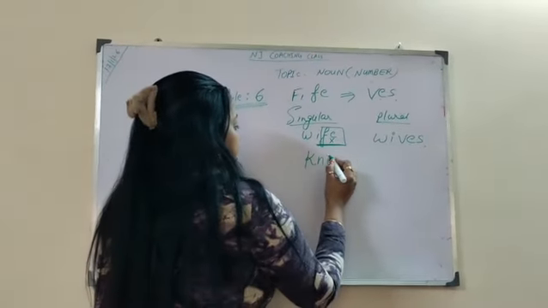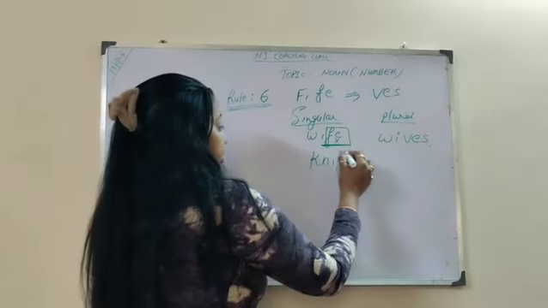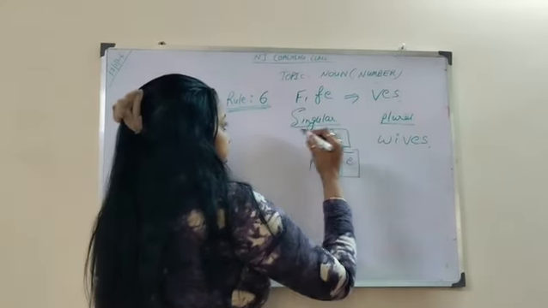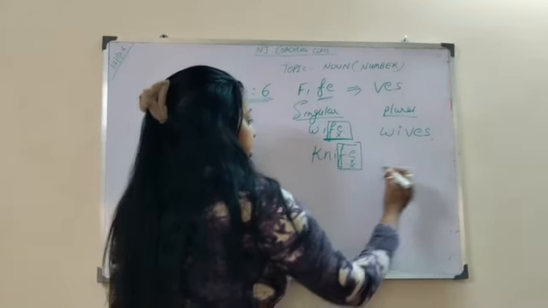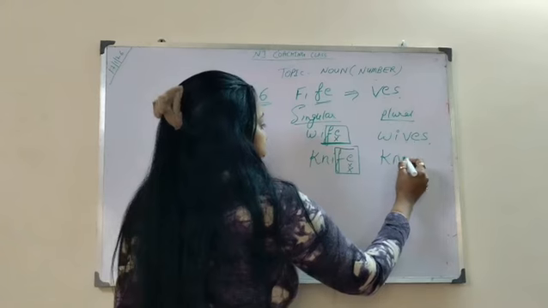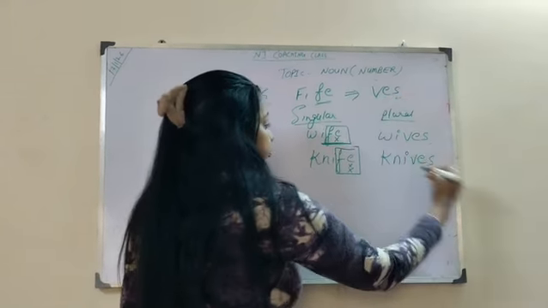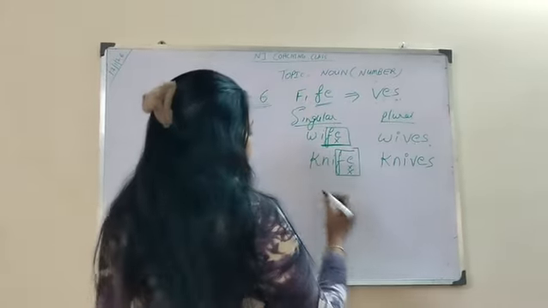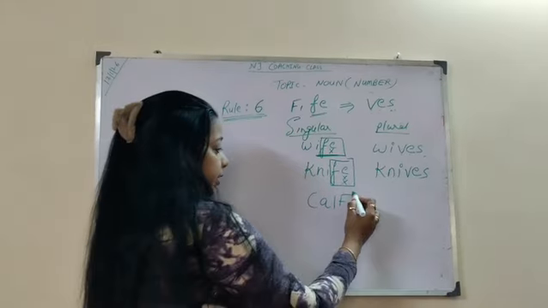Next. Knife. Again, last two alphabets FE. So we have to remove this FE and write this VES. One more example. Calf. Last alphabet is what?